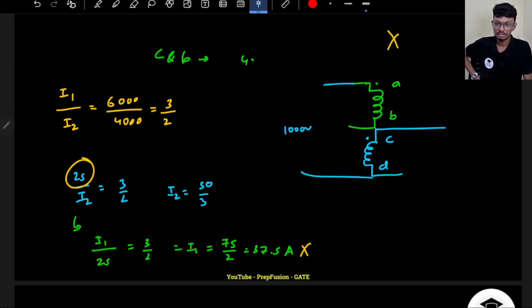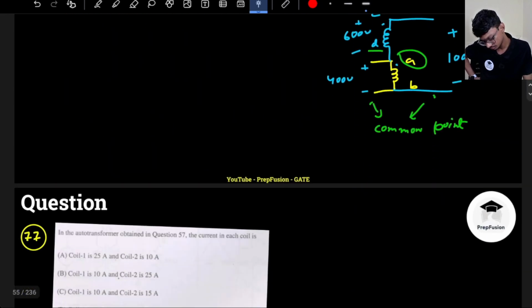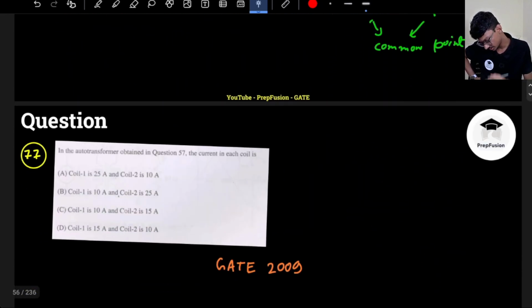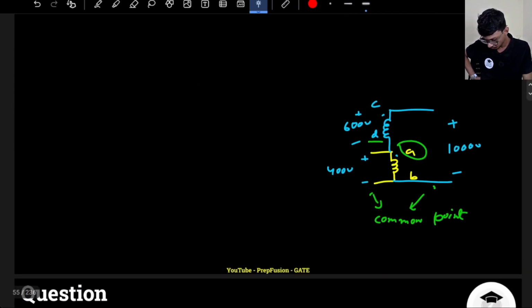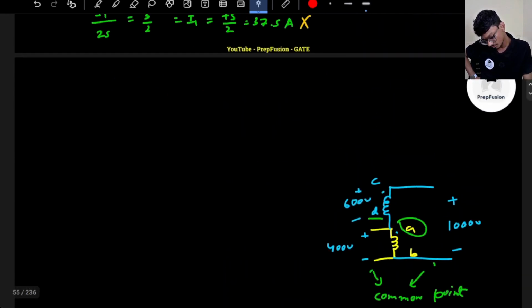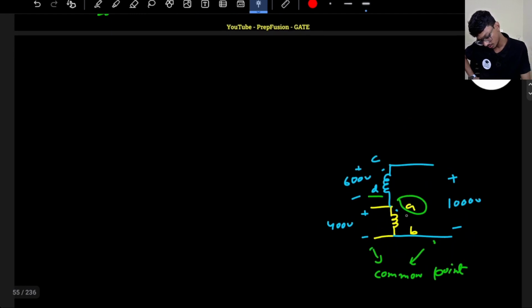Now what are they asking? They are asking me to find the value of the currents in each coil, correct? How will I find the value of the currents in each coil? Actually this question is kind of wrong, but it's fine. So this coil will carry 25 amperes of current, from positive to negative.